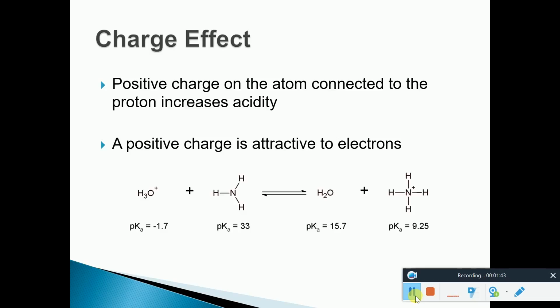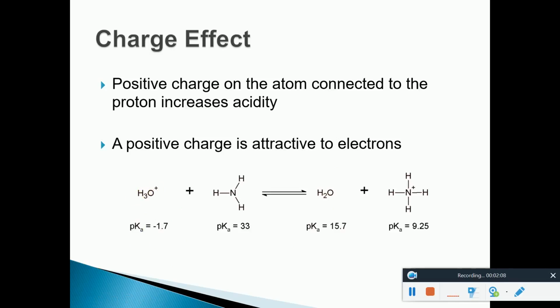So here is an example that we can look at to illustrate this. Here we have H3O plus, and over here we have H2O, and we just talked about that. H3O plus versus H2O: H3O plus is going to be the more acidic. And we can confirm that by looking up their pKa values.